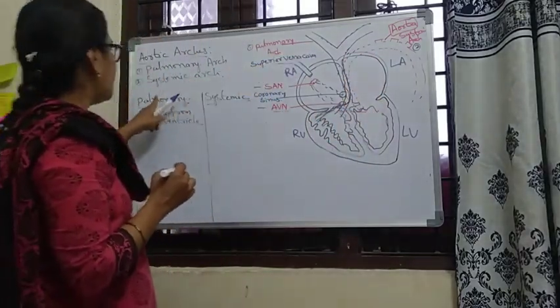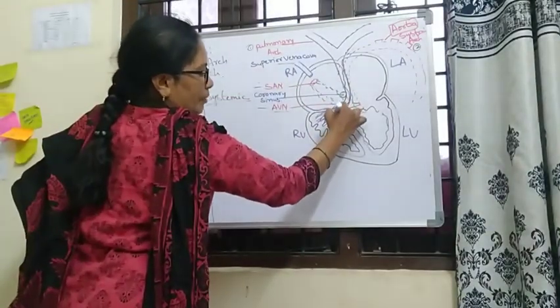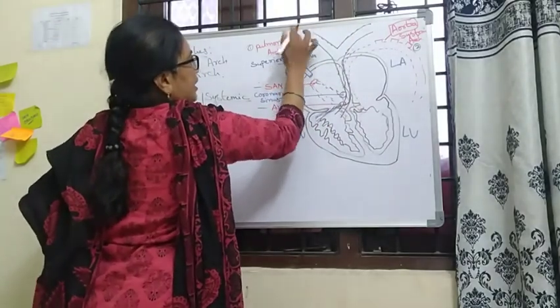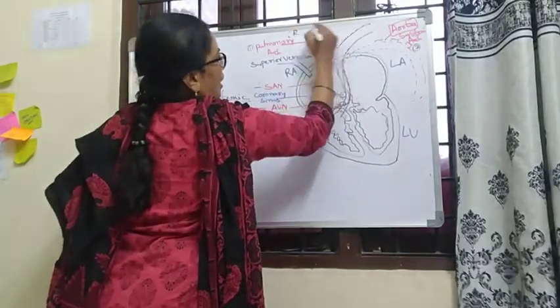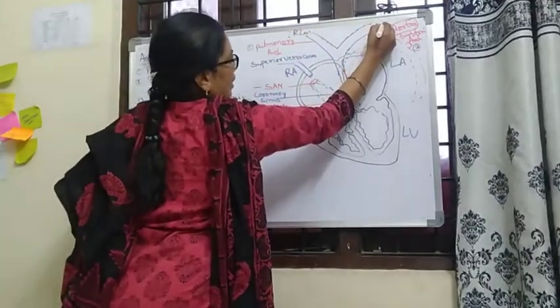It is called pulmonary because it arises from the right ventricle and goes to the right and left lungs, the right lung and the left lung.